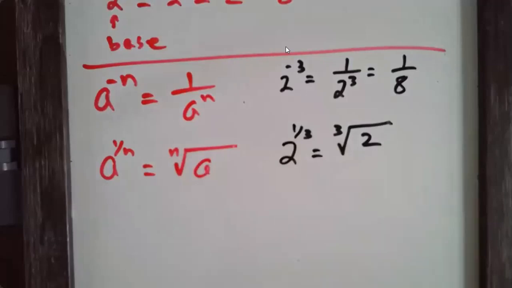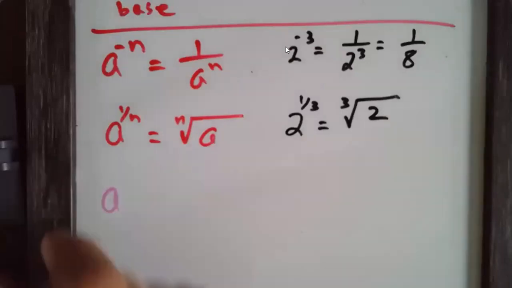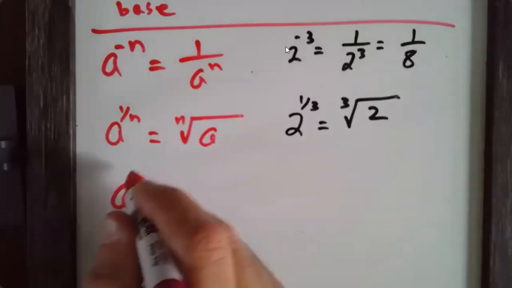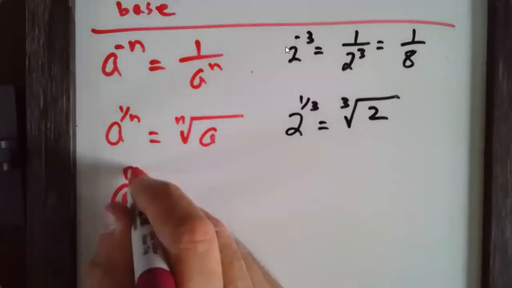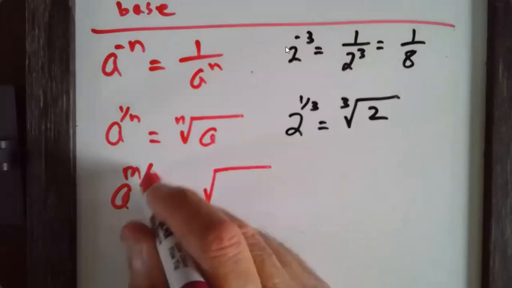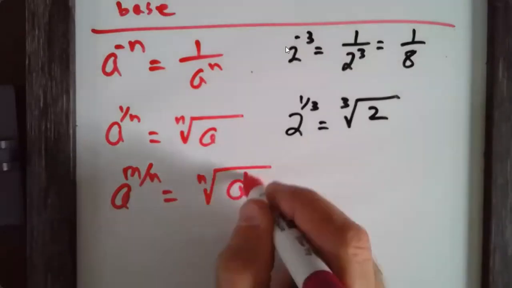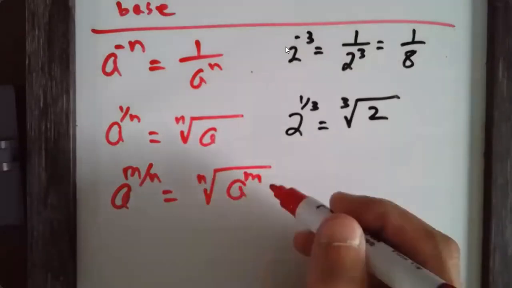All right. Next, you have a to the m over n, and so the n, the denominator, that's your root, and then m, that's the power.